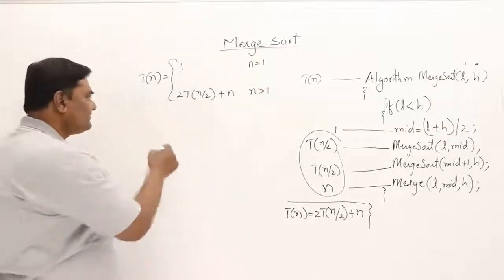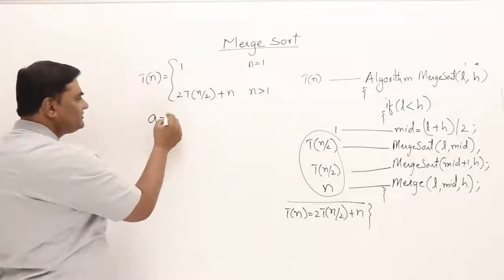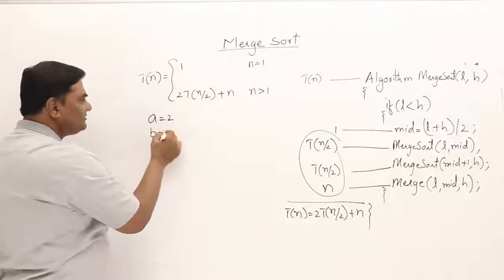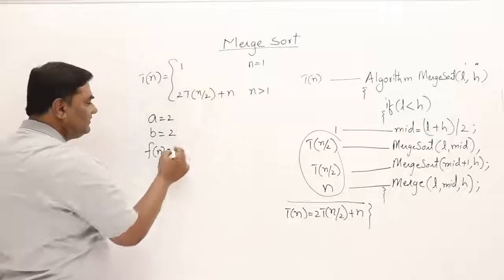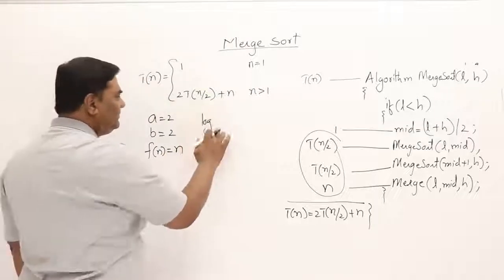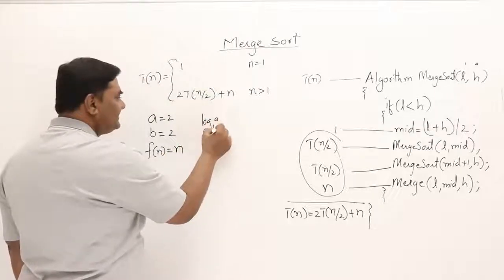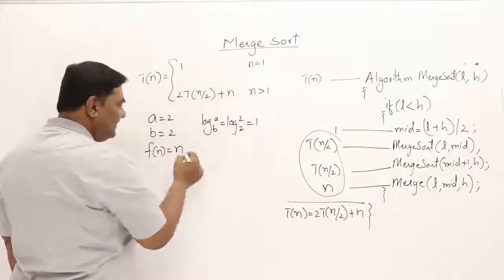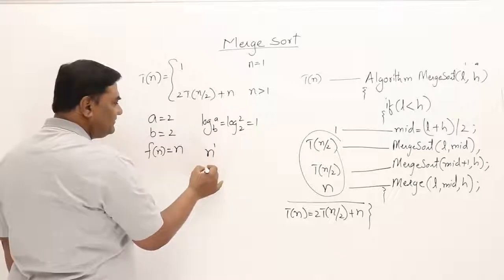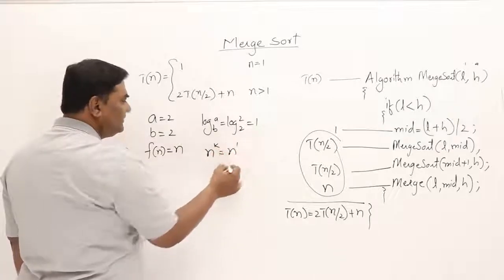Now by using Master's theorem, a value is how much? 2. b value is how much? 2. And f of n is what? n. Now find out log a base b. So that is log 2 base 2 is 1. And power of n, k, it is 1.